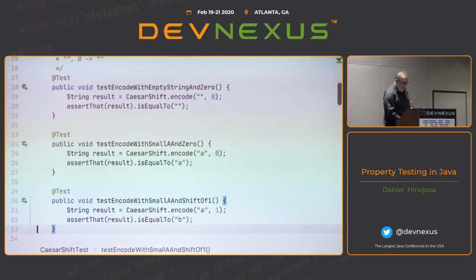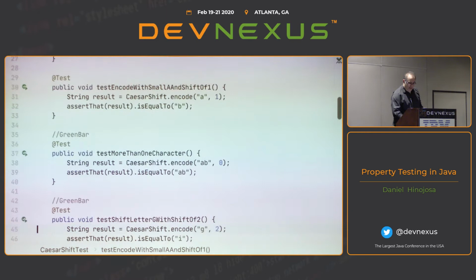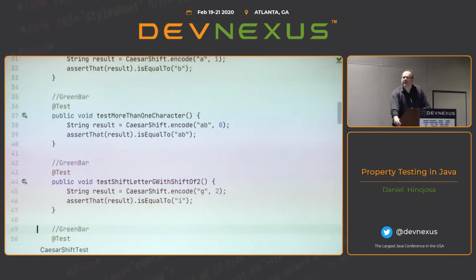These comments where I show green bar just mean that I'm coming up with a test that I know very well is going to pass, but I just want to put it in there anyway. The goal for my test-driven development is to find red bar tests, find things that will challenge your code, because you could come up with 10 million green bar tests and it doesn't necessarily challenge your code. So always challenge your code with something that would possibly break. And so I have these annotations in here.